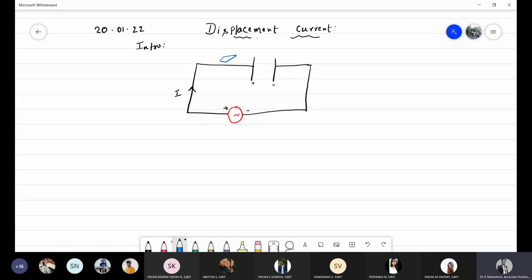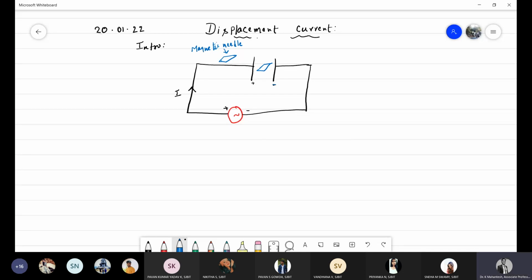These are magnetic needles which are sensitive to magnetic field. And one more needle between the plates of the capacitor. I'm just trying to give you an intro of what is displacement current.